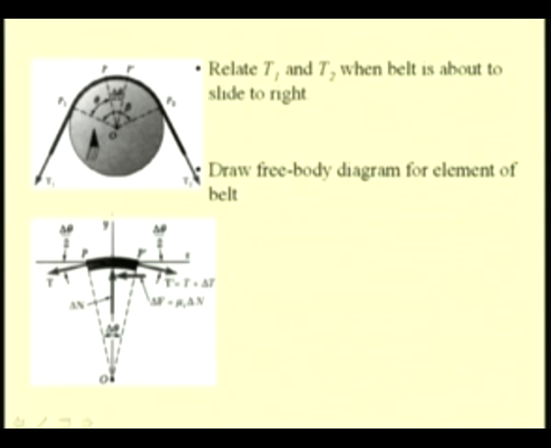So, let us assign these coordinates x and y along the radial direction and x tangential to the midpoint. O is the center of the pulley and this element subtends an angle delta theta.